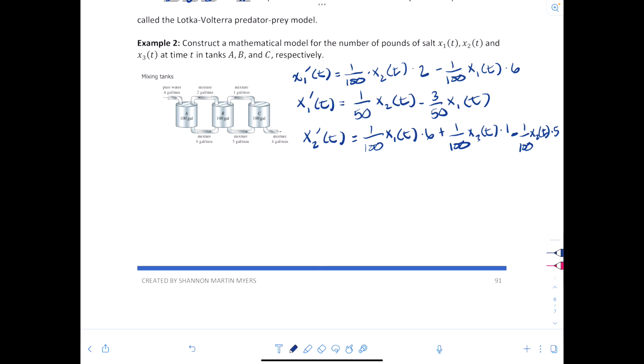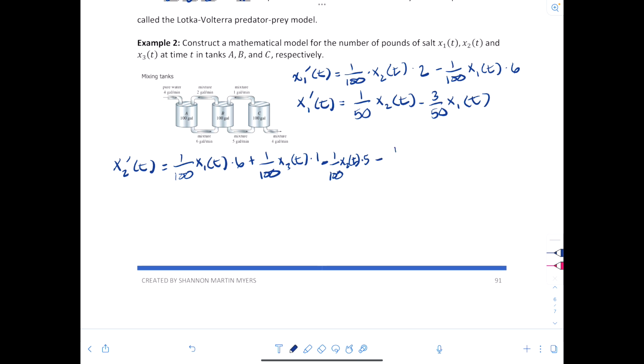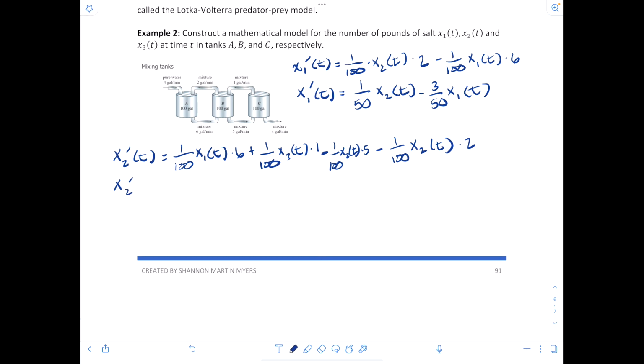Now, let's see if anything else is leaving B. Good. You've got B going into A, right? So actually, let me move this over so I have more room. And then we'll also have 1/100th times x2 at t, and that'll be times 2. And then putting it together, x2 prime at t will be 3/50 x1 at t.